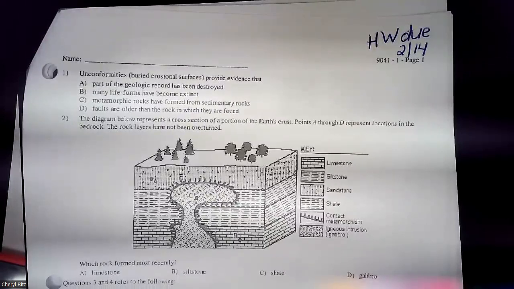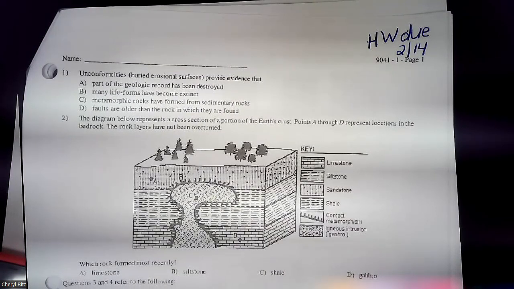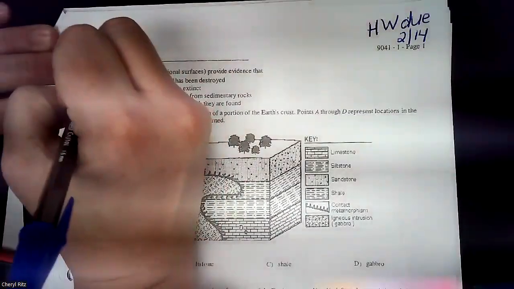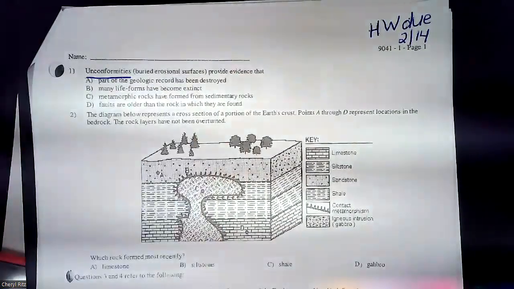All right, so we're gonna just start today by going over the homework, which I thought would be all great and perfect, except for I realized there was a word in question 1. It is kind of defined, but I think I'm missing a page of the packet. We never really talked about what an unconformity was.